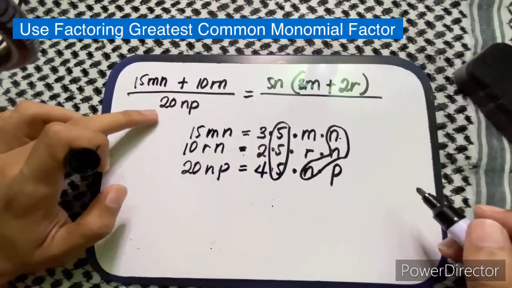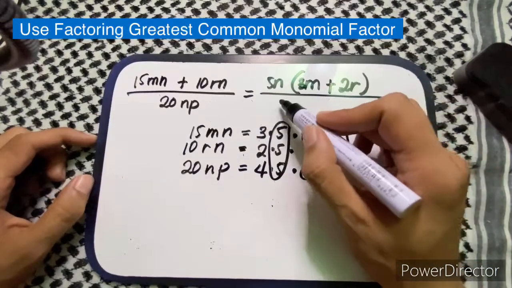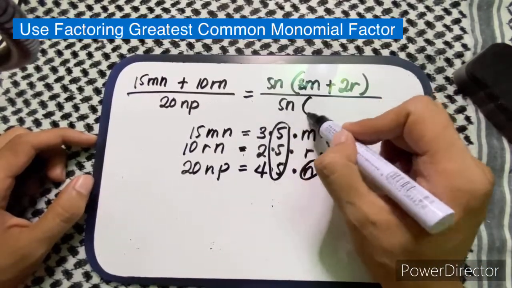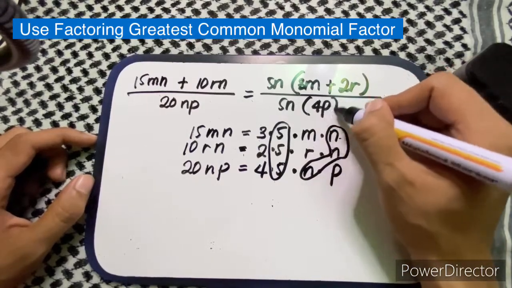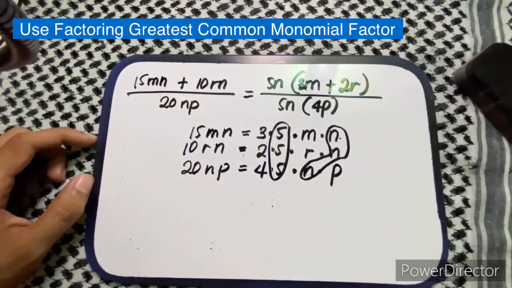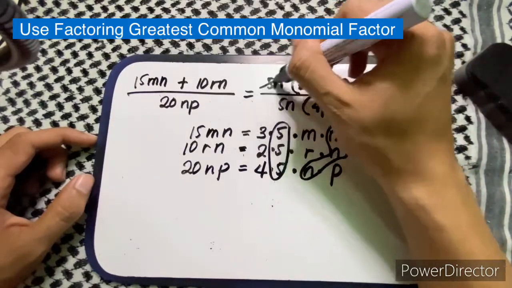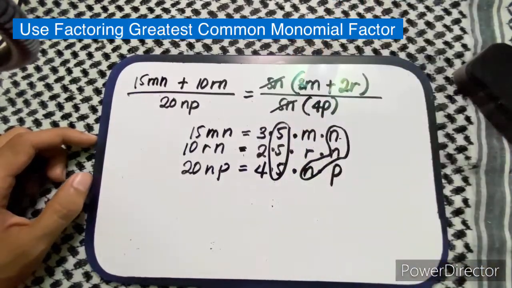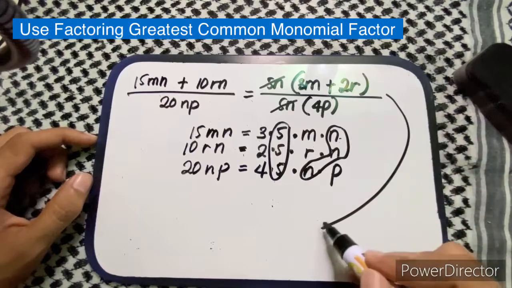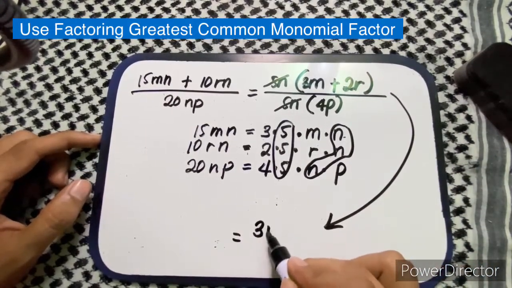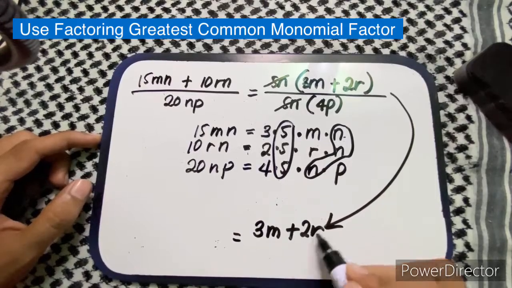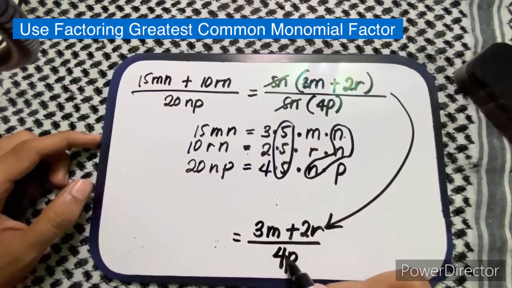Then 20np becomes 5n times 4p. Then the next thing to do is cancel the common monomial factor. So the answer is 3m plus 2r over 4p.